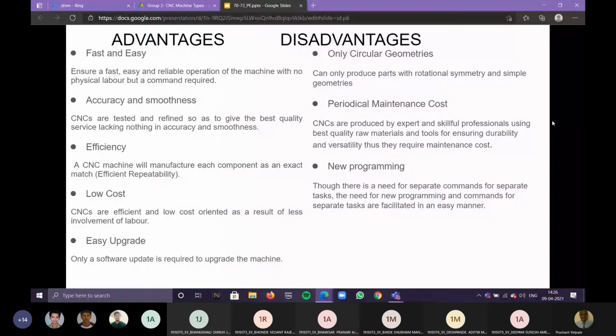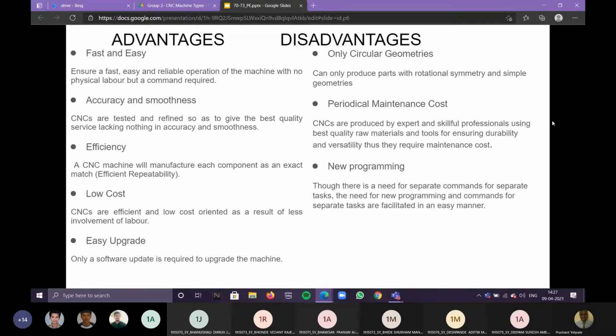They are efficient as a CNC machine will manufacture each component the same as the previous one, so it gives efficient repeatability. Low cost because the involvement of labor is very less, thus CNCs are very efficient. Easy upgrade: only a software upgrade is required to upgrade the machine.